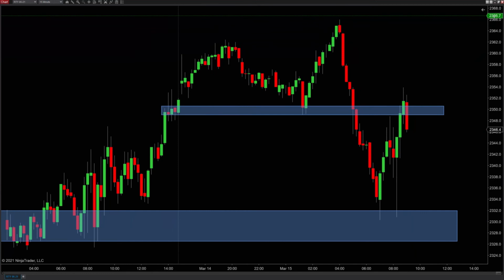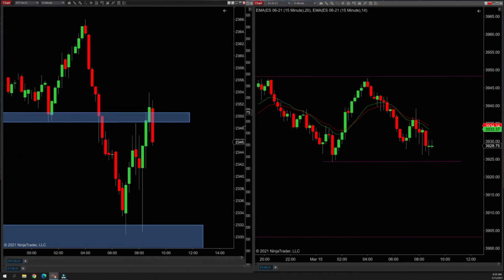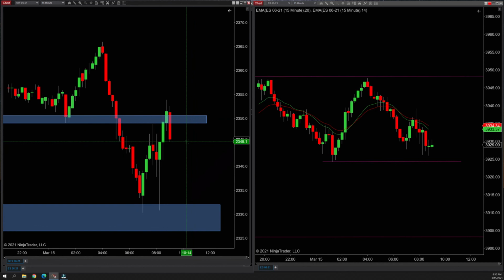Look at that. Very good spot probably to short. I think this would be a good spot to short. I'm not taking it.